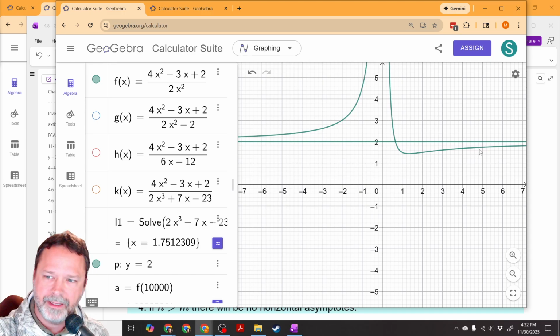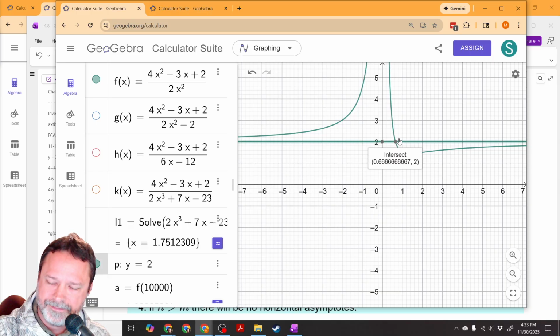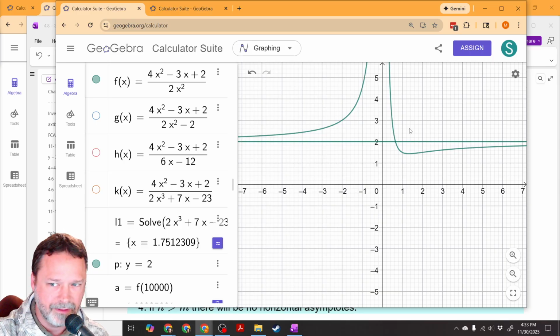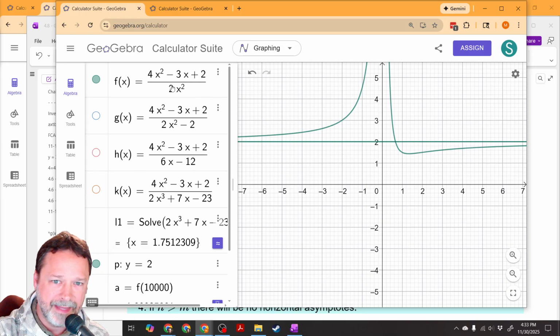They can go up and down, up and down, over and over it. In this case, we only got one place where it crosses. So that's just an example of how graphs can cross horizontal asymptotes. They can't cross vertical asymptotes. All right? So that's looking at that one.